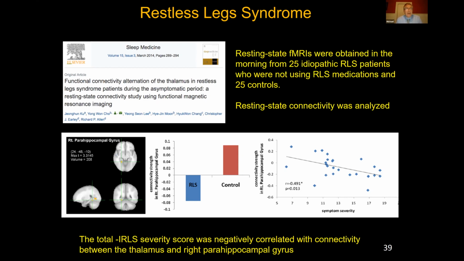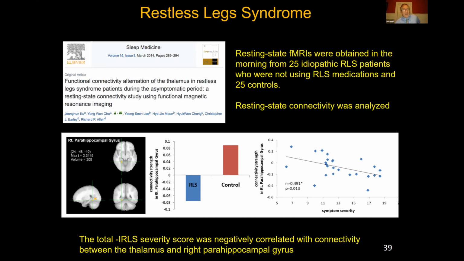So when I say idiopathic, these are not persons who could have a known cause. They didn't have a spinal injury, they weren't pregnant, they didn't have kidney disease. So these were idiopathic RLS patients who were not using medications, and 25 controls. And the idea was, if we use fMRI, can we see differences in their patterns of brain connectivity?